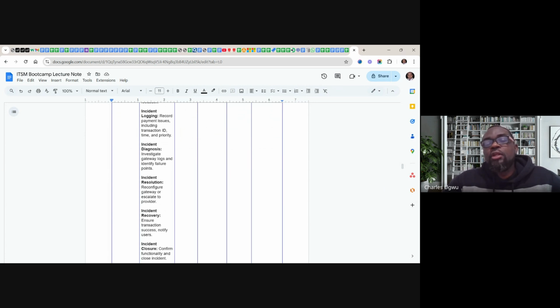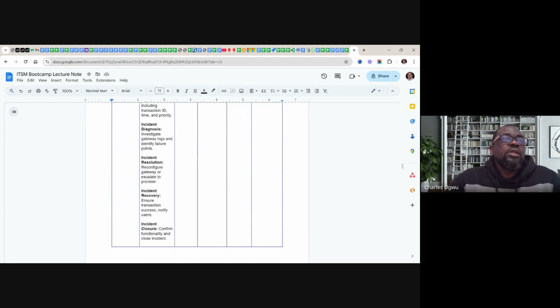This is one incident that we faced so much in Food Traco. All of a sudden, we were using Paystack and Flutterwave, and we found out that customers started complaining they can't make payments through our payment gateways.